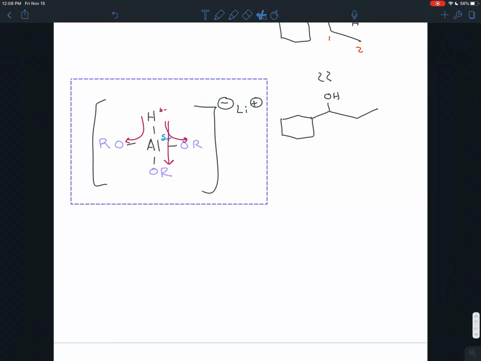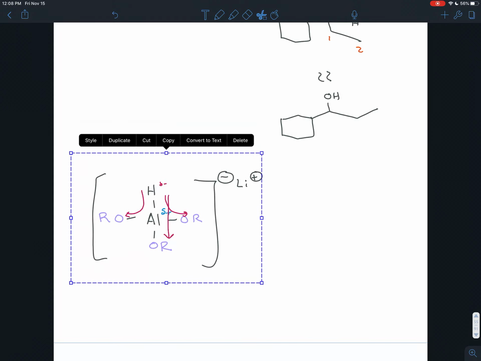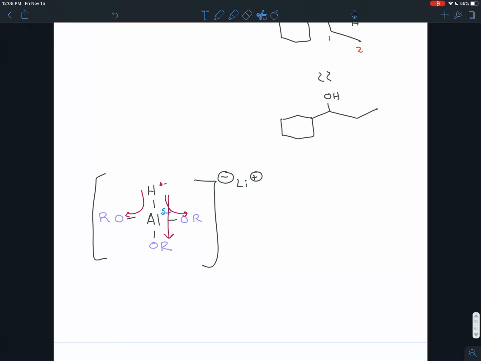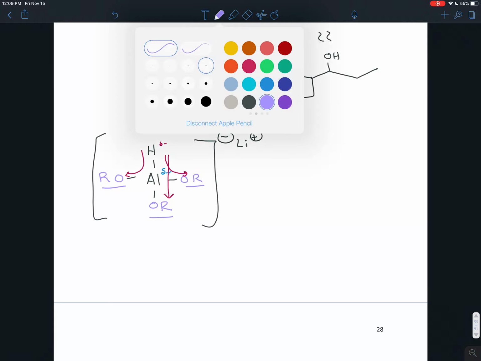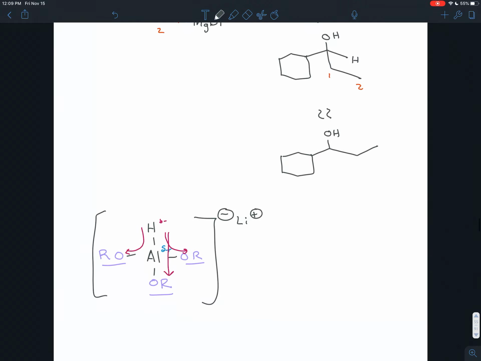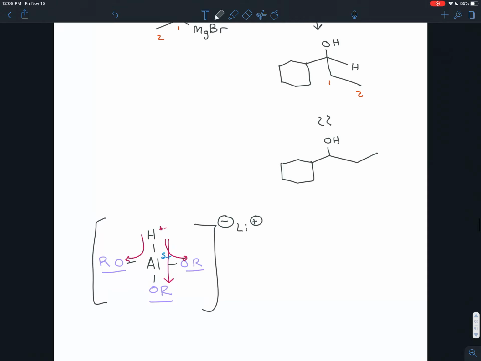So whereas lithium aluminum hydride will not only react with carboxylic acid derivatives, it will also react with aldehydes. This trialkoxy, right, I have 3 alkyl groups bonded to oxygen, this lithium trialkoxy aluminum hydride will only add 1 hydrogen to the acid chloride. It won't react with aldehydes or ketones.